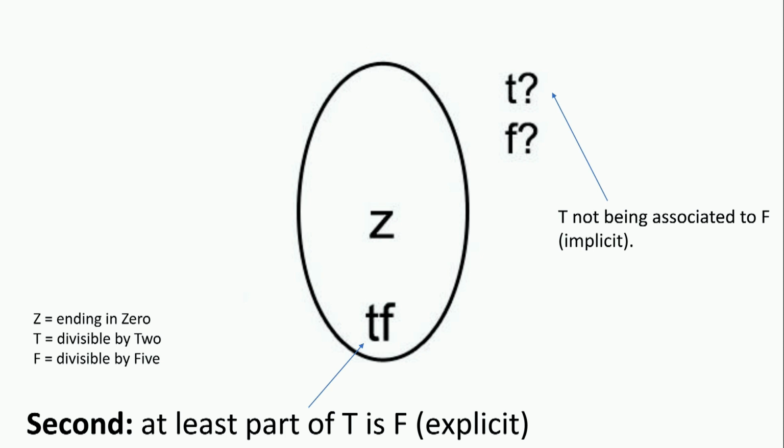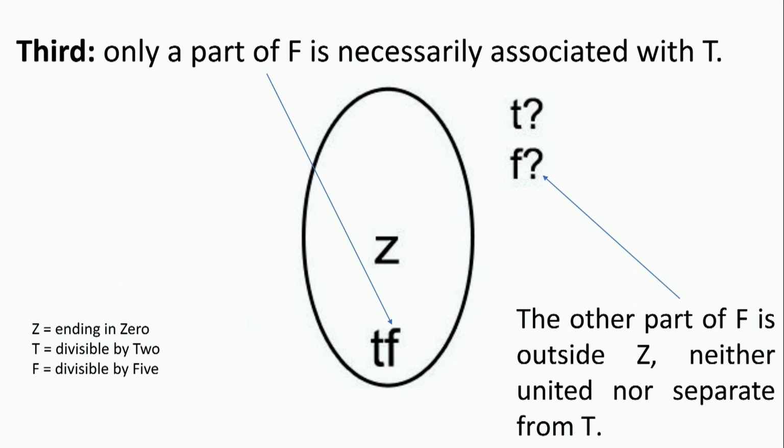We cannot say that all T is F because there is a possibility, outside Z, of T not being associated to F. Although we cannot say, based solely on the premises, that there is a part of T which is not F. Third question. Can we say that all F is T? Or can we only affirm with certainty that some numbers divisible by 5 are divisible by 2?